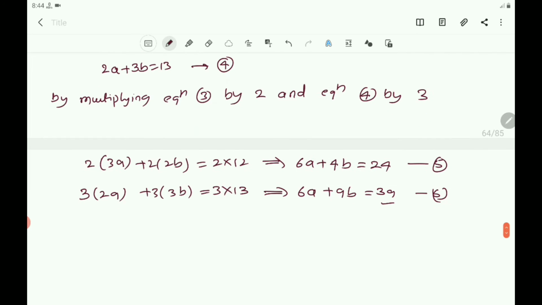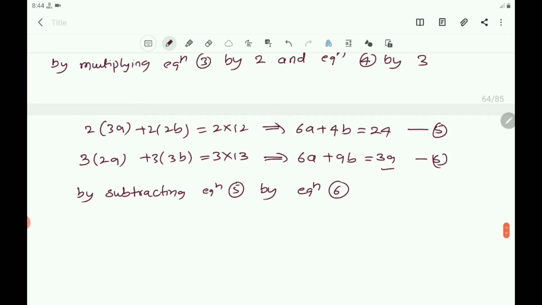So you take subtracting the fifth equation, equation 5, from equation 6, that is nothing but 6 minus 5.